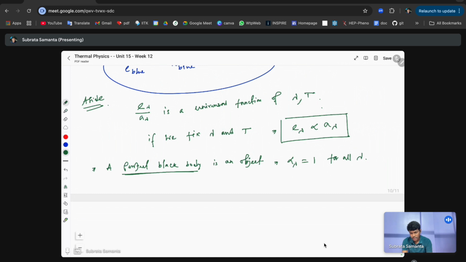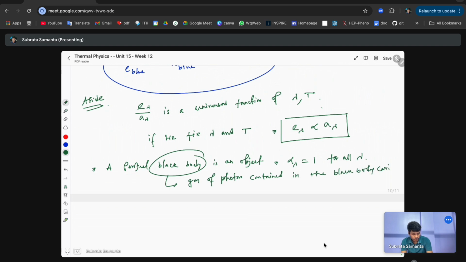So this is basically a gas of photons. So black body means the gas of photons contained in a black body cavity.